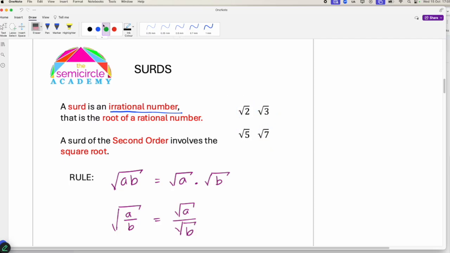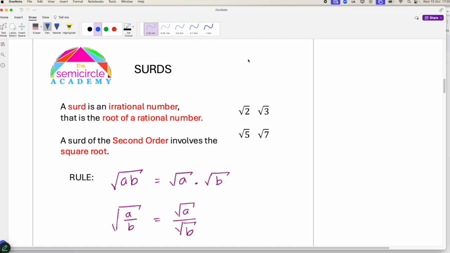But notice, it's the square root, and inside the square root we do have a rational number. So it is the root of a rational number, and it gives us an irrational number. That is a surd.